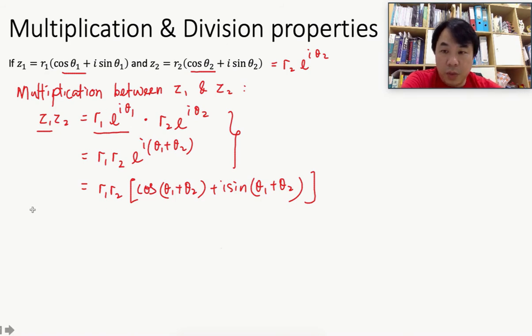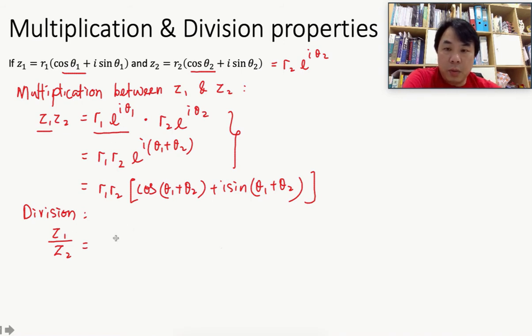Now, secondly, we're going to explore division. So divisions between these two complex numbers here, I make it short, just write down as Z1 over Z2, or if you are interested to study Z2 divided by Z1, also can. Both of them yield more or less the same result here.